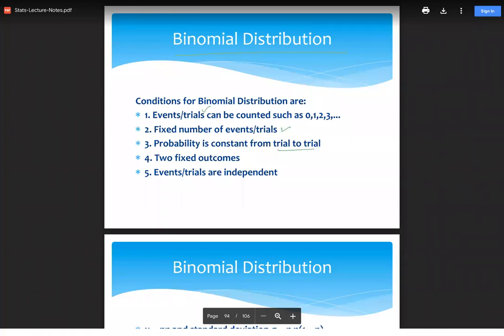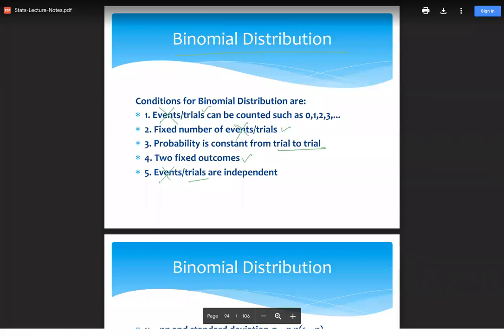That means the probabilities do not change for different experiments or different trials. There are 2 outcomes for each experiment or trial, and experiments or trials are independent of each other. And as I said, please take the word events away, okay? I meant you can say trials or experiments, both are fine. Most of the times we will say trials.